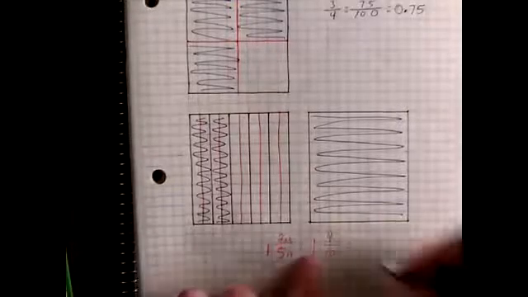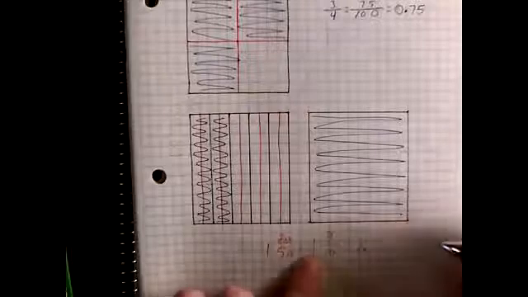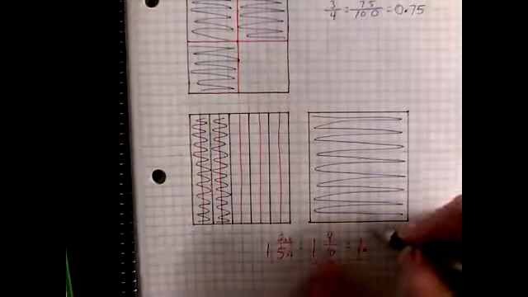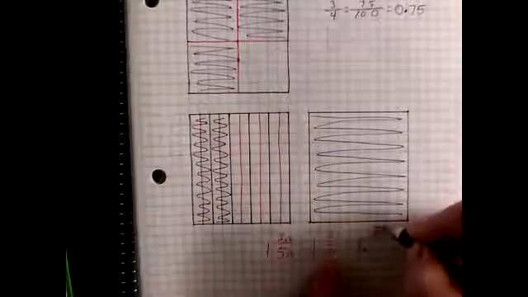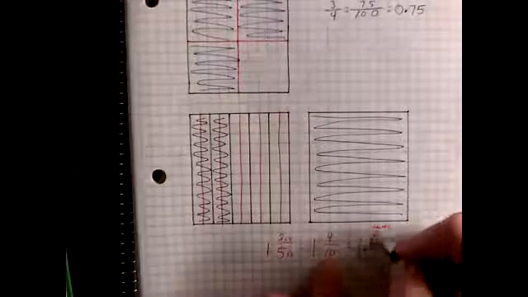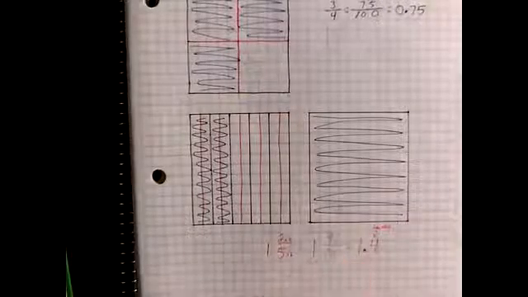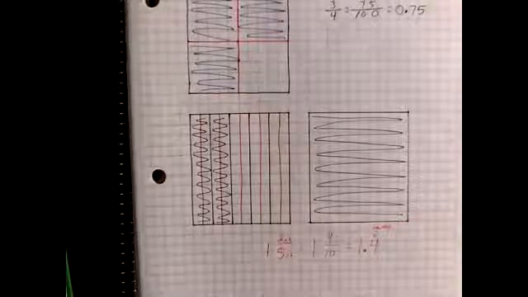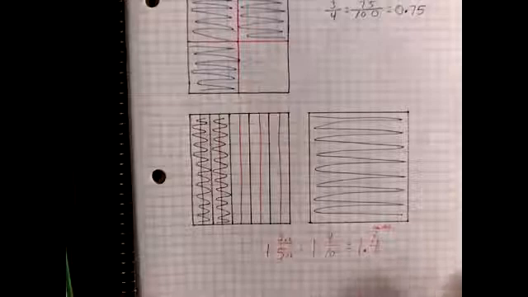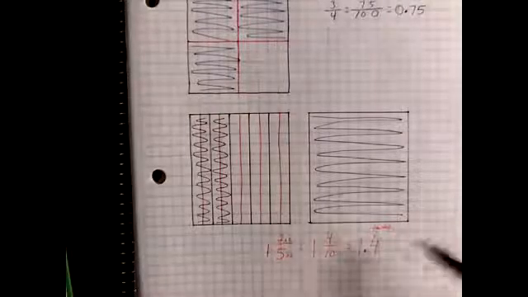Well, obviously I have 1 whole right here. Now, how would I write the 4? Okay, so it's 10. So I only want to go to my tenths place because that's all I'm dealing with. So I would have 1.4.